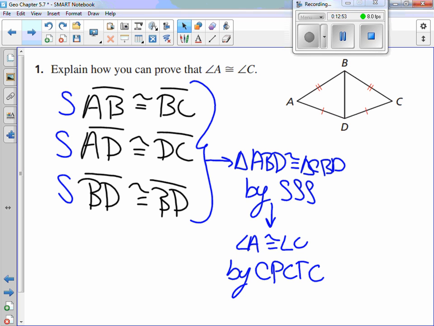Once we're able to say that the two triangles are congruent, we are able to show that the parts that we wanted to, angles A and C being congruent, are congruent as well. Any other questions on this here? So again, with CPCTC, we just need to be able to show that the two triangles are congruent, and once we do that, we can say that their corresponding parts are congruent as well.